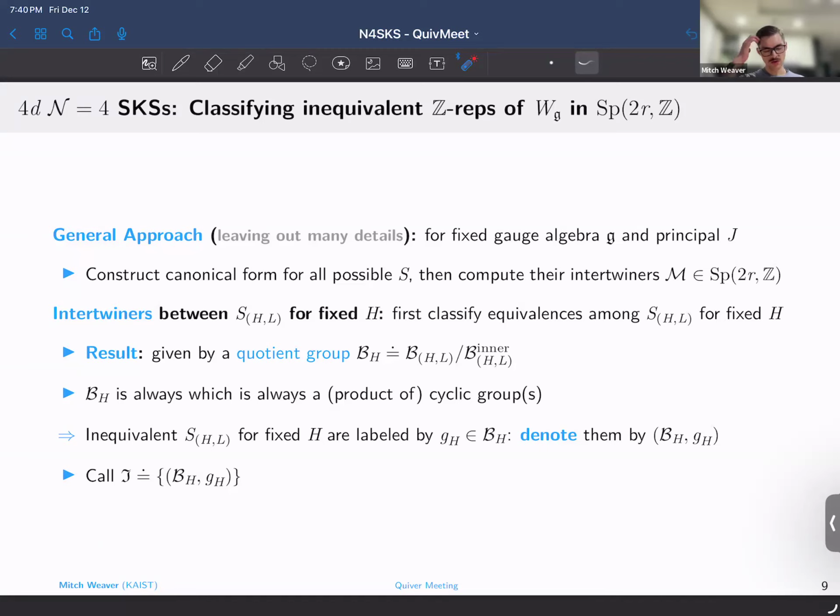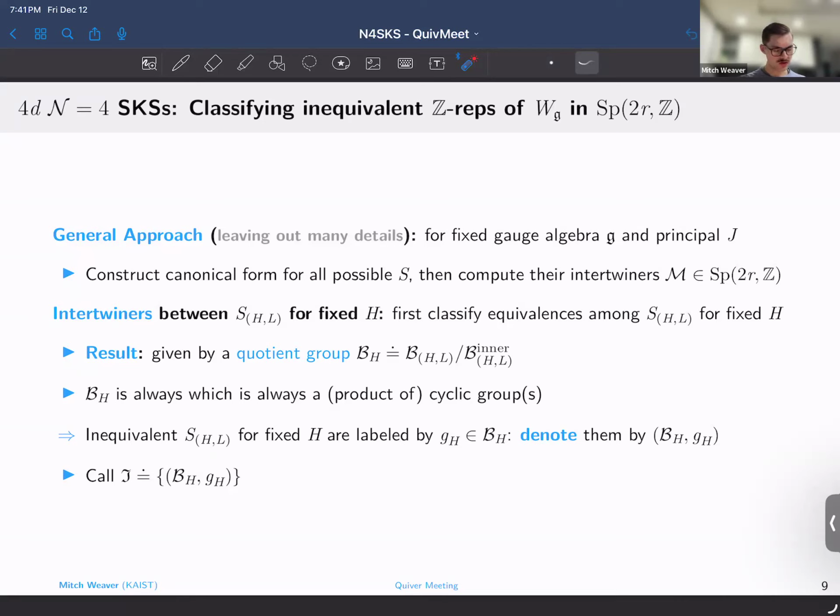And the result is that it's given by a quotient group, which I'm going to call B sub H here, where this quotient group is formed by the group of bindings modulo the group of so-called inner bindings. I'm not going to explain some of the details I'm leaving out here, but everything's in the paper, and I actually have some slides at the end if you're really curious. This is just a nice math result, and you can compute this thing in a nice way, doing these Ext group computations.